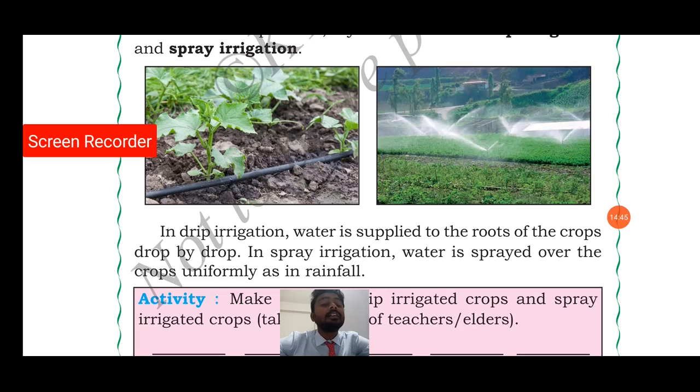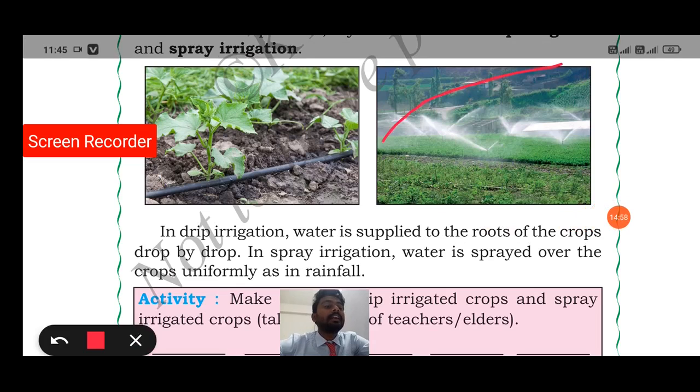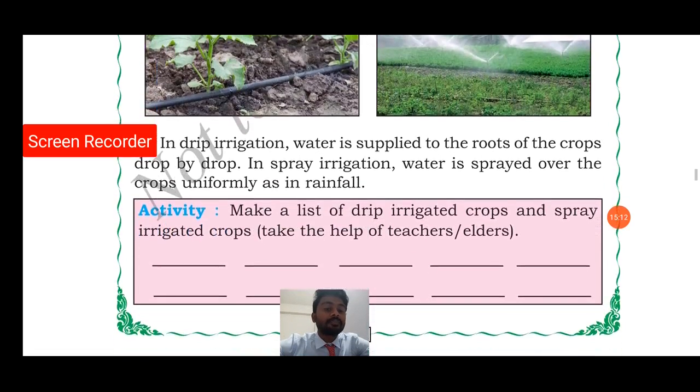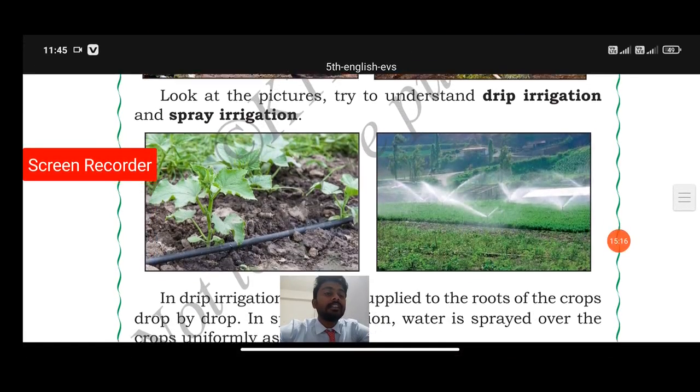It looks like rainfall. So you can see the spray irrigation and the drip irrigation.